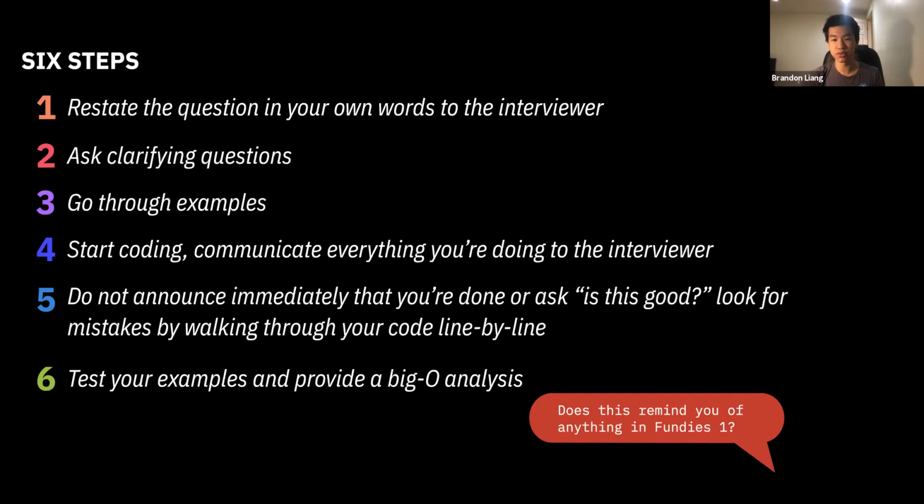Test your examples with your code and provide a big O analysis. If the interviewer is satisfied with that, the interview usually ends there, or you may be asked to follow up, in which case just repeat these six steps again.